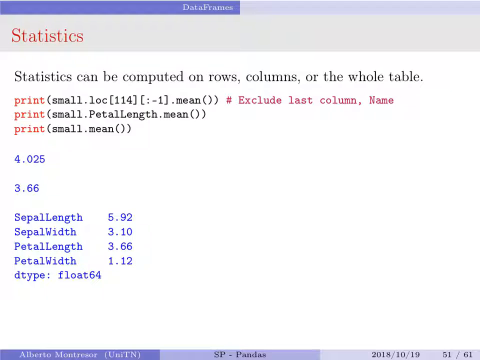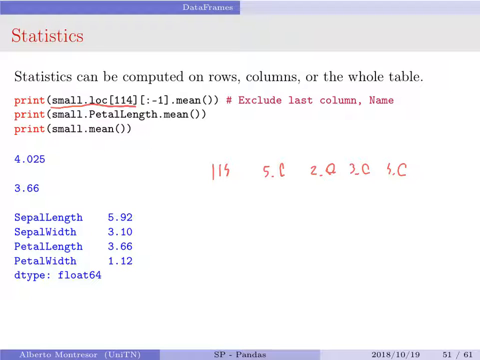So, for example, here, the idea is that you want to work on the series which is given by row 114. If you do something like this, you get just row 114 with the values associated with it.